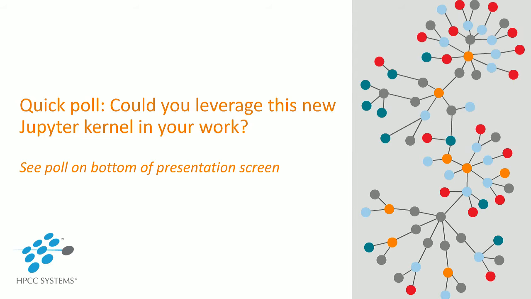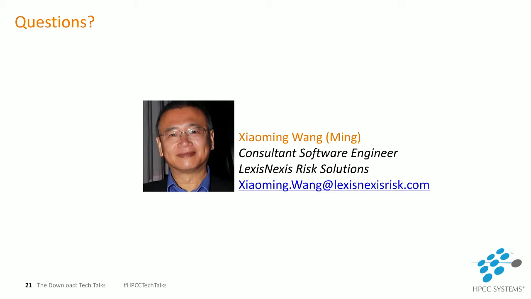Ming, here's our first question. Are all features in Jupyter supported through this interface with HPCC Systems? Are there future plans for enhancements? Since the default kernel is IPython, that has more functions than the JavaScript kernel we currently use.